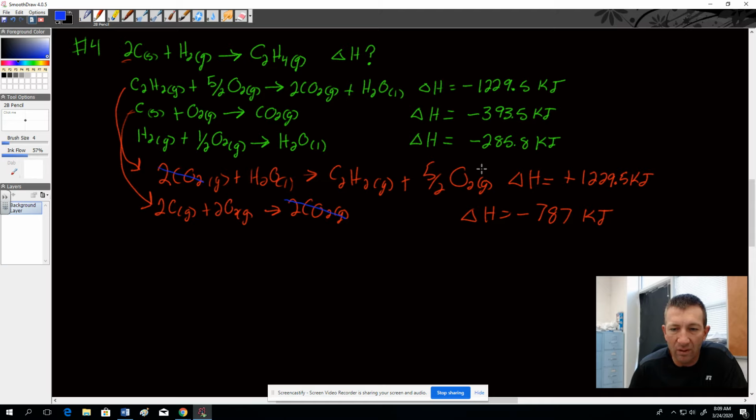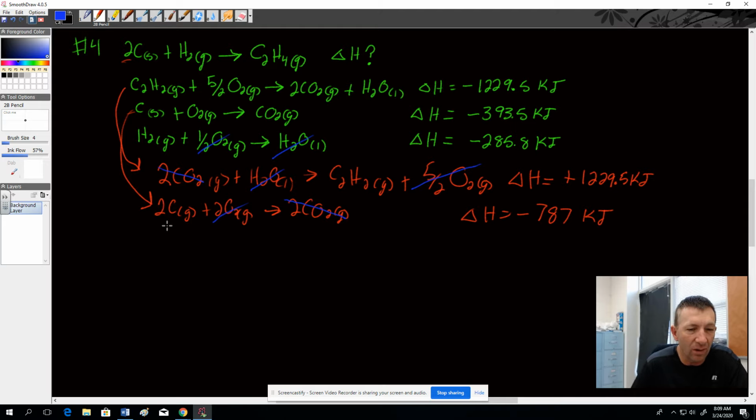And on this side, we've got 5/2 O2s. So those O2s are all going to cancel out. Also, we've got 1 water on the left and 1 water on the right. And now we're going to just add everything together.